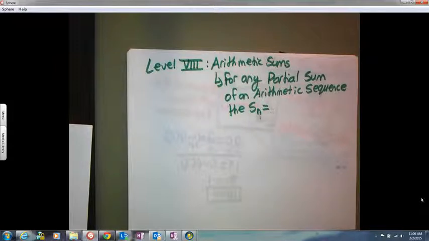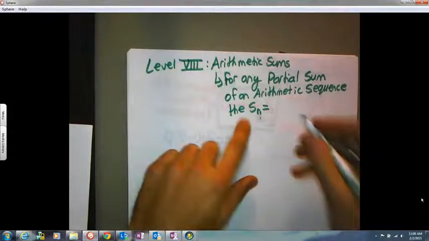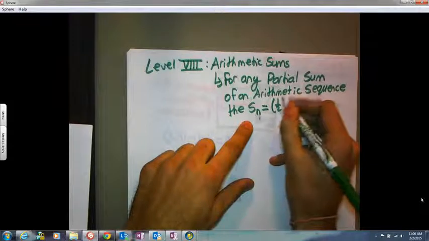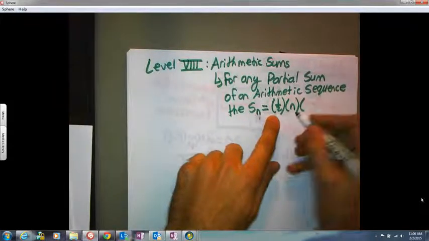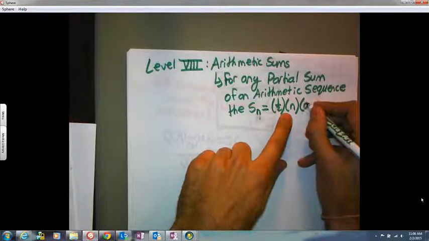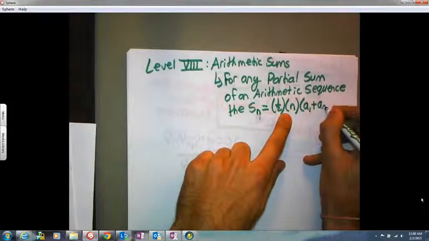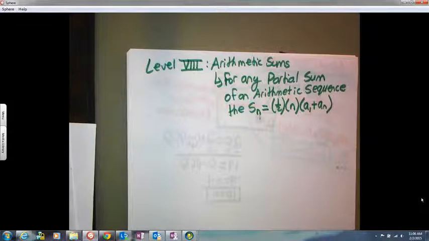S sub n is 1/2 times n times a1 plus an. And this is the formula, as I said, for any partial sum of an arithmetic sequence.